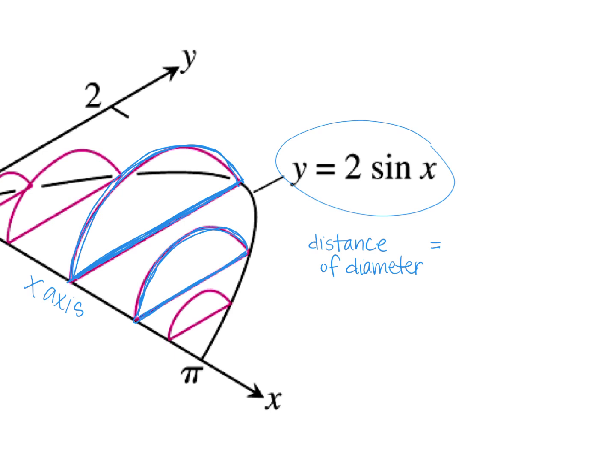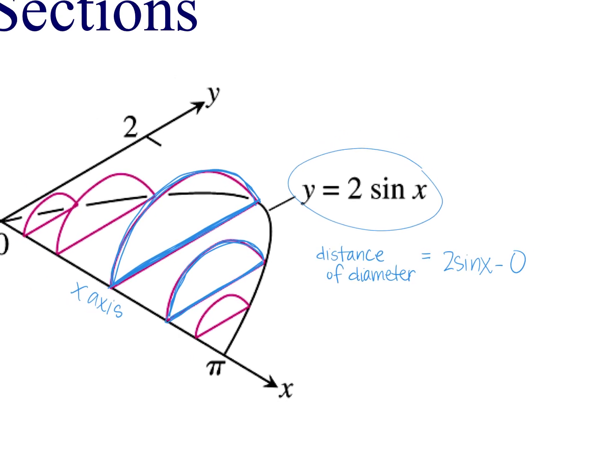What two things does it touch? Is the x-axis bigger or is the function bigger? The function. Okay, so which one goes first? 2 sine x. 2 sine x minus 0. That is the diameter. It's the bigger one minus the smaller one. So since the diameter touches both of them, we subtract. So that's called the equation of the diameter.